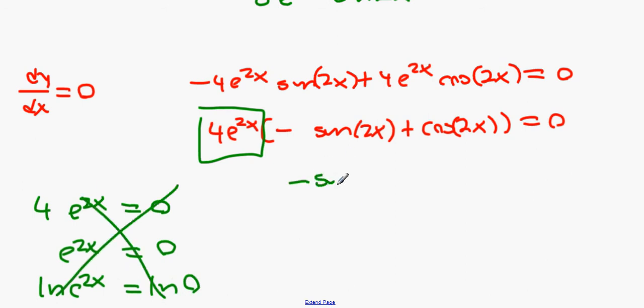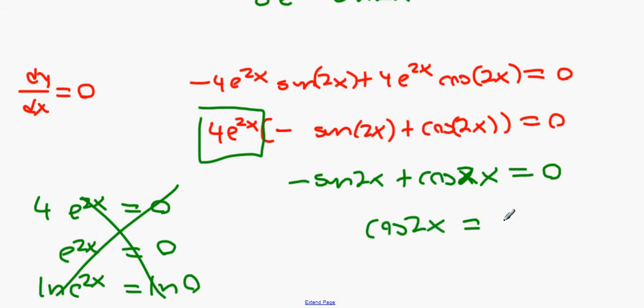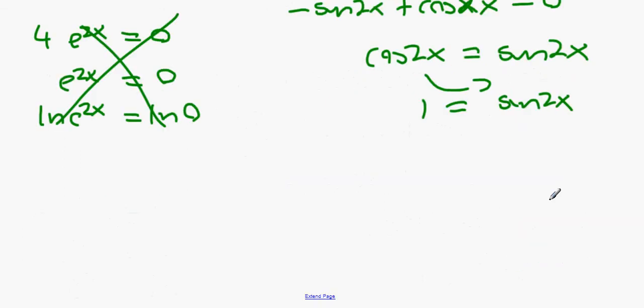Then we're going to have minus sine 2x plus cos 2x equals 0. Then we're going to bring over cos 2x equals sine 2x, and then we're going to divide across here, so we're going to get 1 equals sine 2x over cos 2x, 1 equals tan 2x.